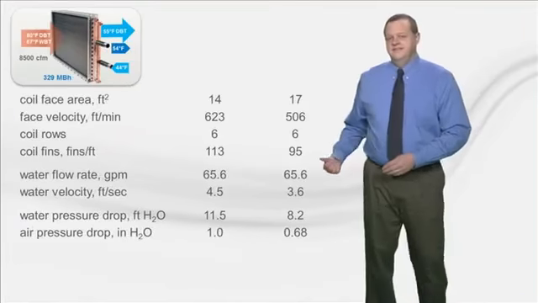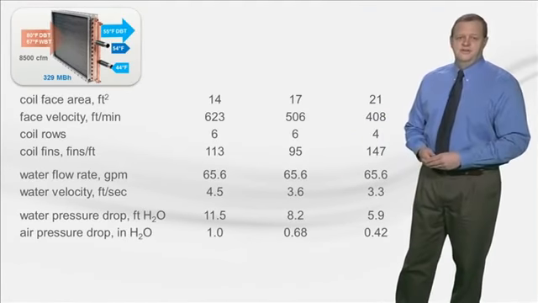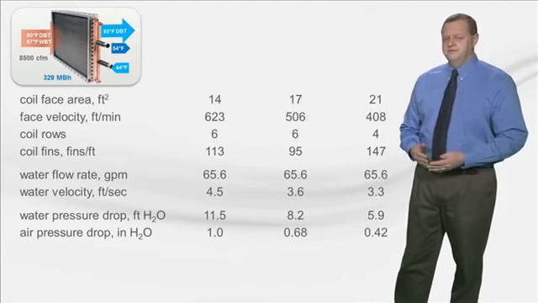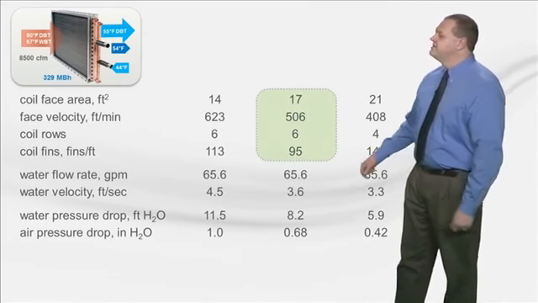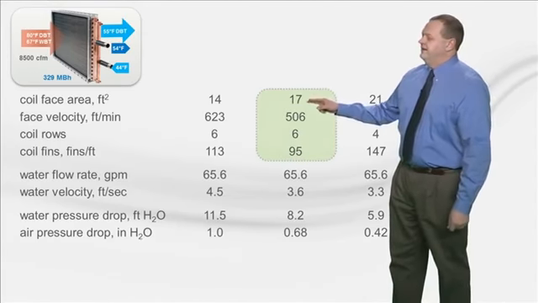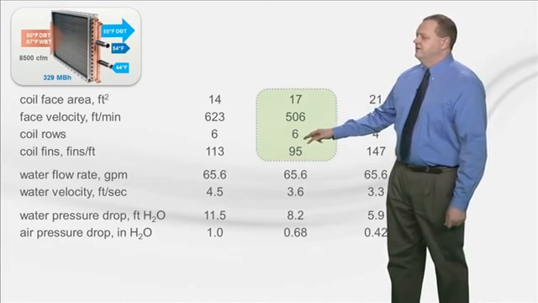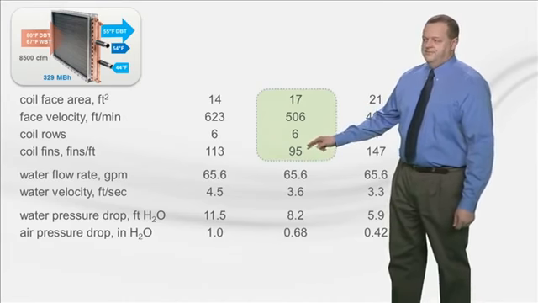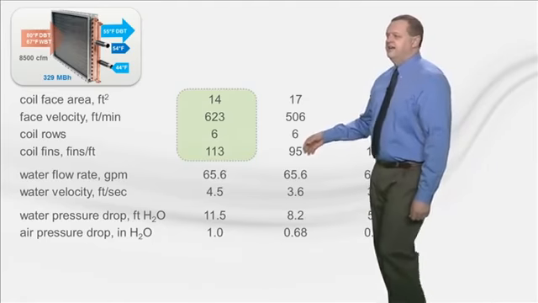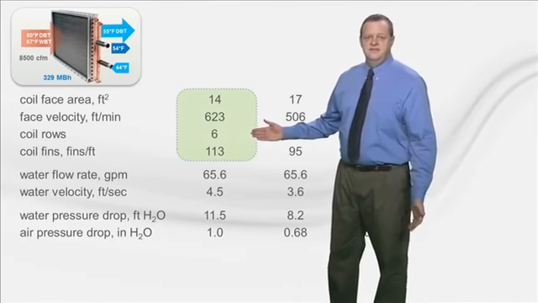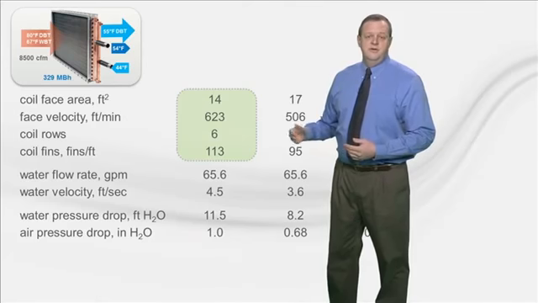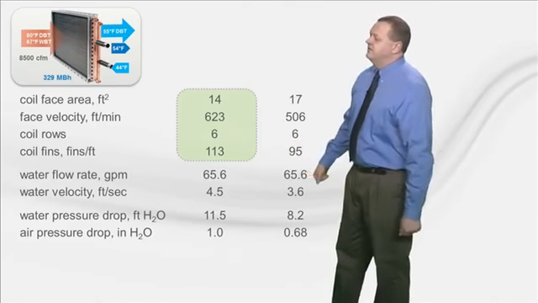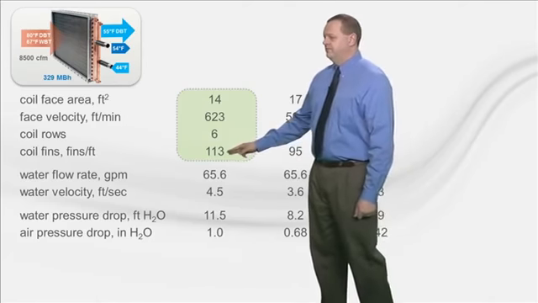To demonstrate, this slide shows three sizes of cooling coils selected to provide the same 329 MBH of capacity. Starting with the center, with a traditional size 17 air handler, it requires 6 rows with 95 fins per foot. Selecting the smaller size 14 results in a less expensive, lighter unit that takes up less space in the building. But in order to deliver the same capacity, this coil requires more fins.